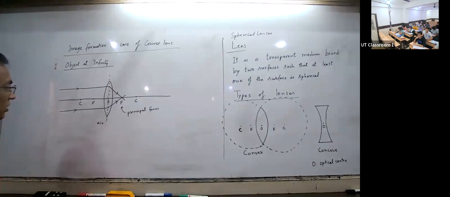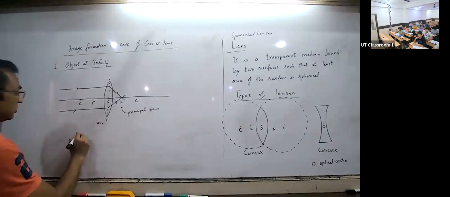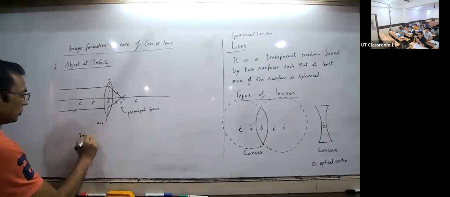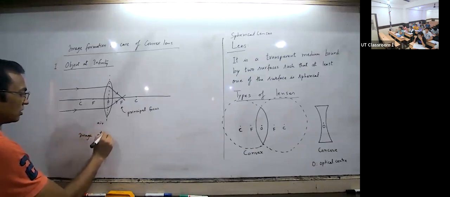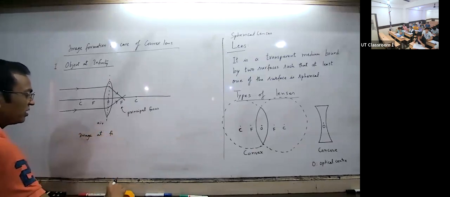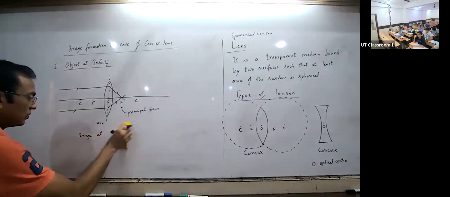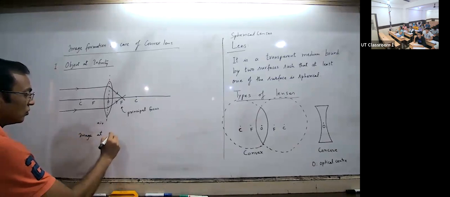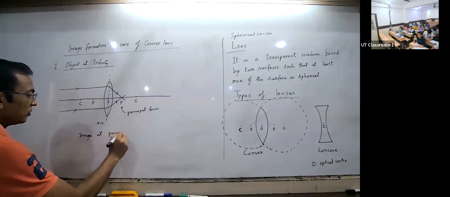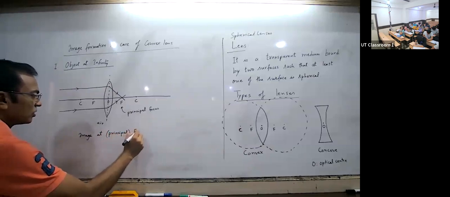So now tell me, what is the image position? Image at focus, yes. At principal focus, your focus, just write. Principal is not required to write, so you can say focus.